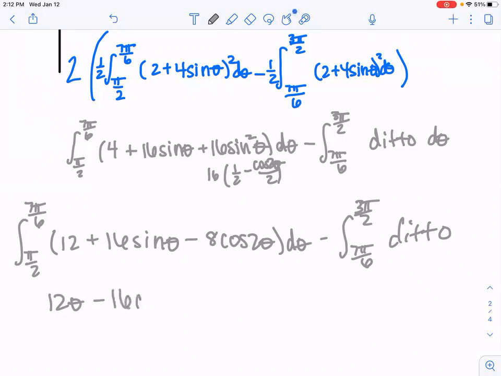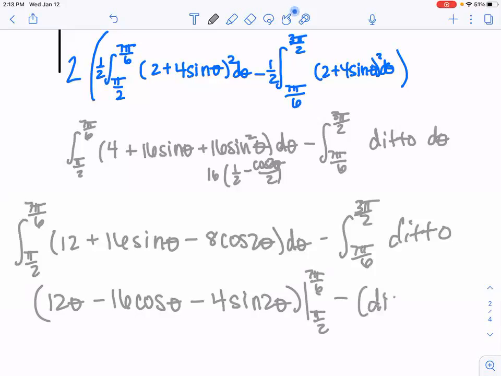Since COVID is rampant. Do you agree with my antiderivative there?